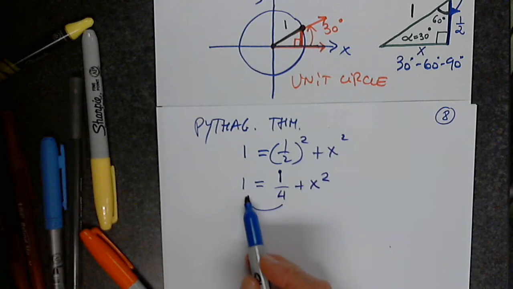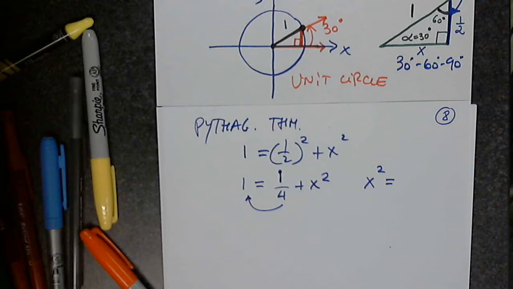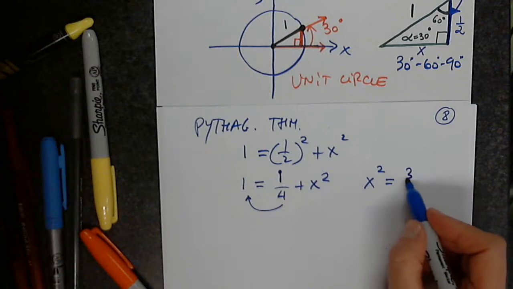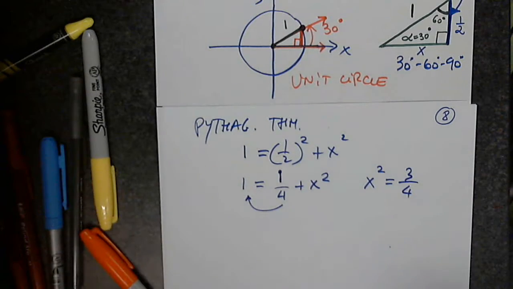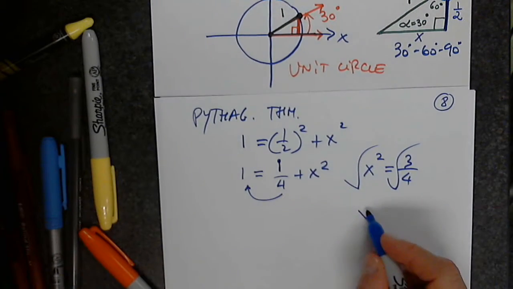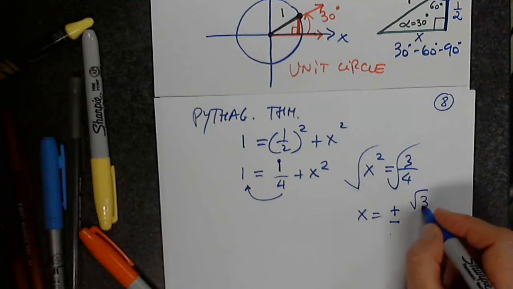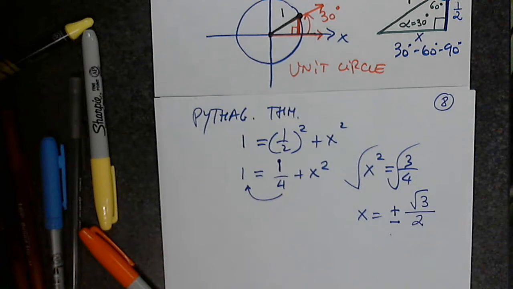I want to subtract 1/4, so I get that x squared equals 3/4. Very good. So how do I determine x? We studied this a long time ago in chapter 2. I take the square root. So x equals plus or minus the square root of 3 divided by 2.